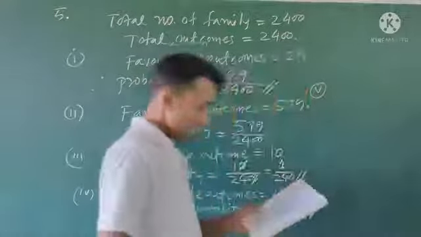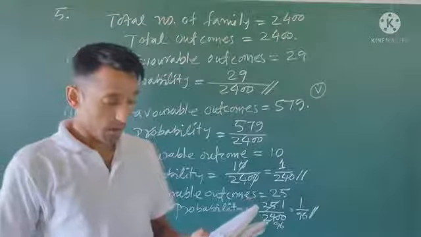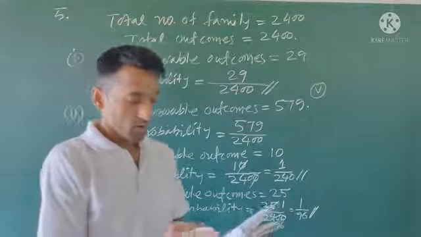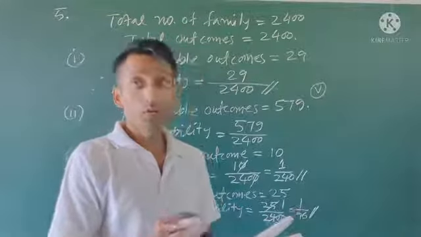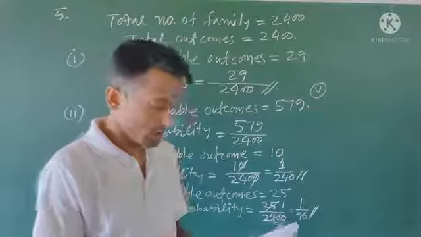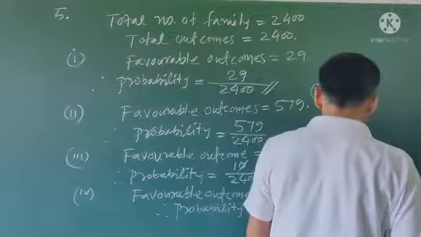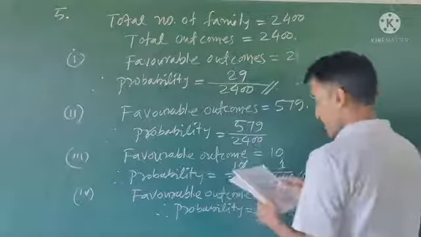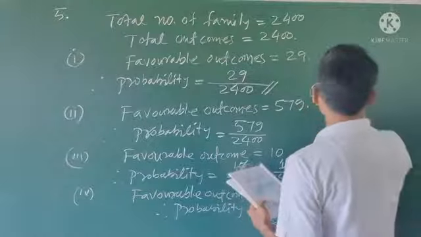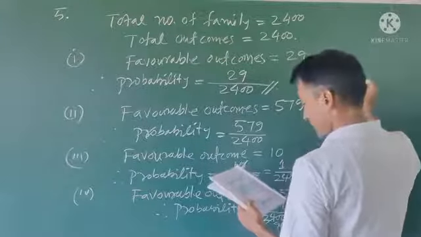Let's see the fifth one: owning not more than 1 vehicle. So those that have 2 or more than 2 vehicles, you don't include. The others, those that have no vehicle also, you have to add. How many families?